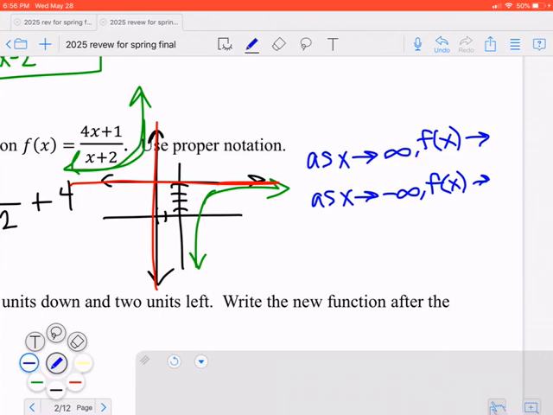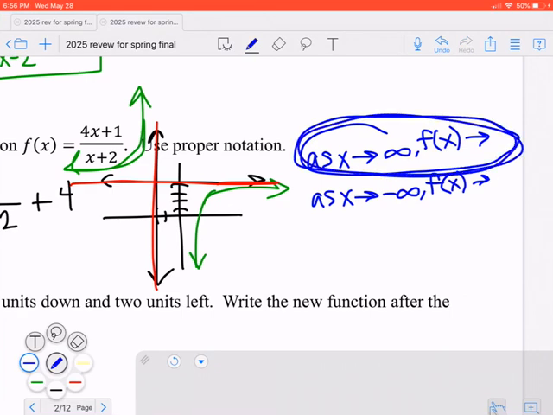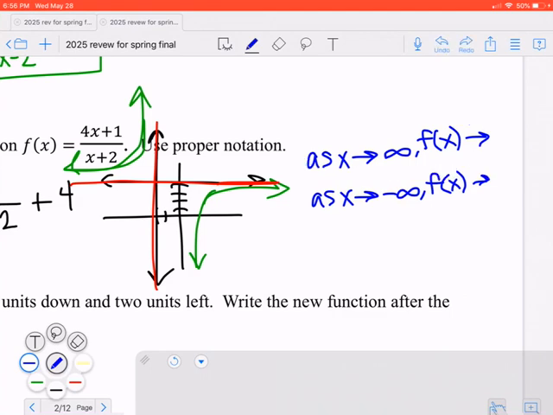So f of x is the y, the up and the down. As x approaches positive infinity, as you go to the right, what is the graph approaching? Those two are right and left, and these are up and down, so your brain is thinking along the y-axis.